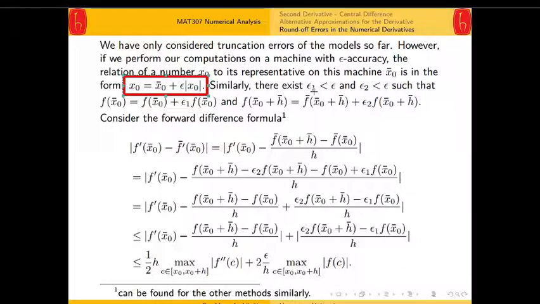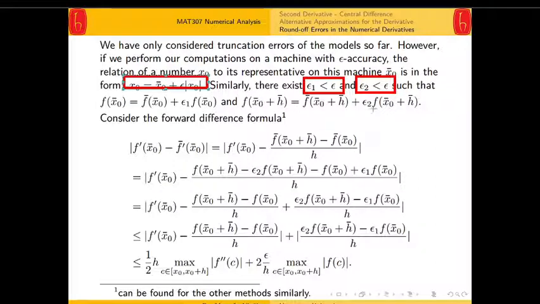Similarly, there will be epsilon 1 and epsilon 2, both less than epsilon, the machine epsilon, such that the function value at x naught will be equal to the representation of the function value on the machine plus epsilon 1 times the function value of f.